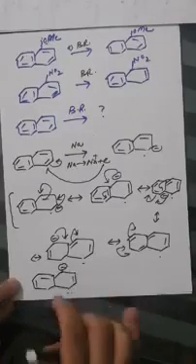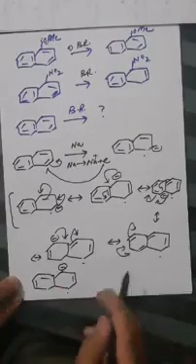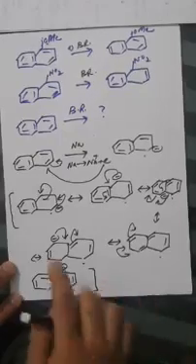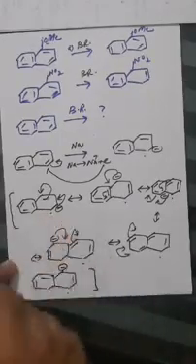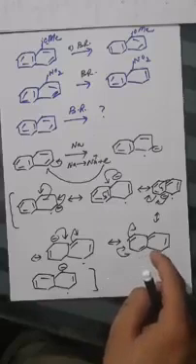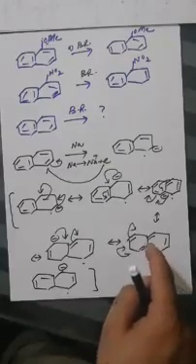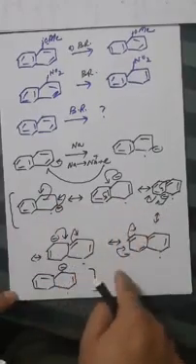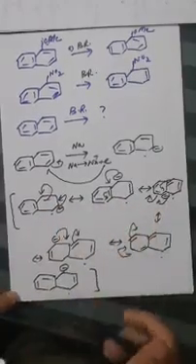So these are the different resonating structures of naphthalene radical anion. Now, dear students, you will have to understand which resonating structure is the most stable among the six.